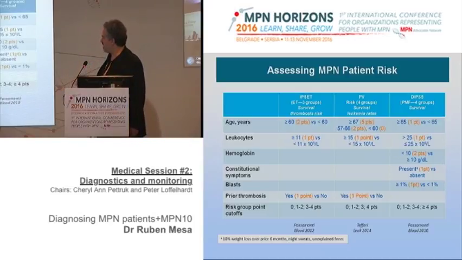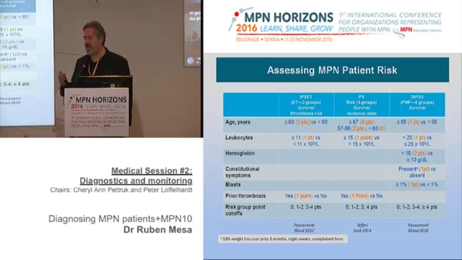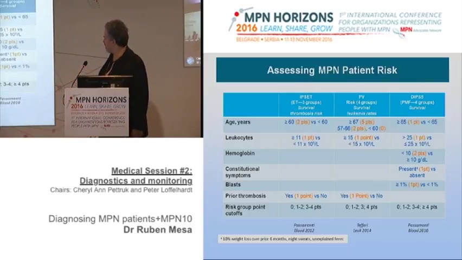Two, increase in the white blood cells. Whether we're talking ET, Vera, or myelofibrosis, increases in white blood cells are a sign of the disease perhaps being a greater challenge. Next, these factors which we consider for myelofibrosis: anemia, symptoms, and increasing blasts.